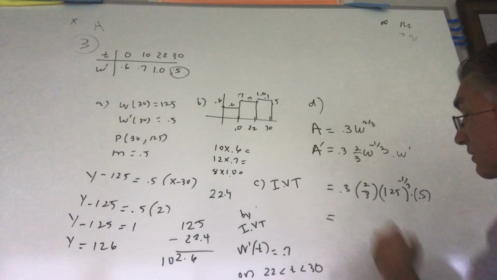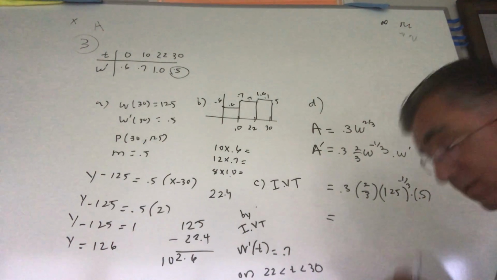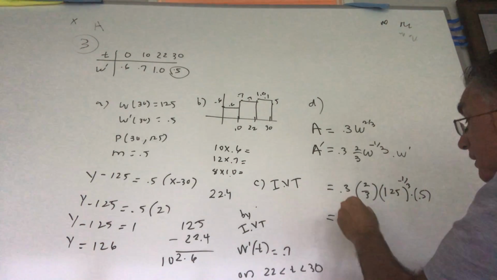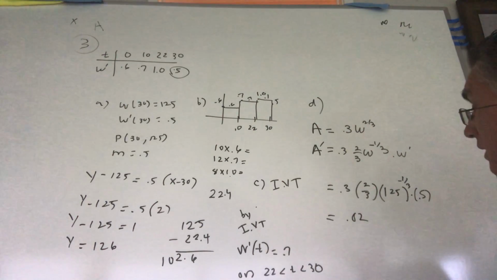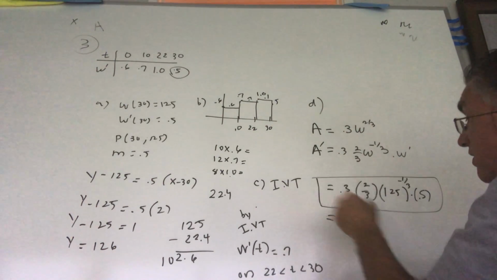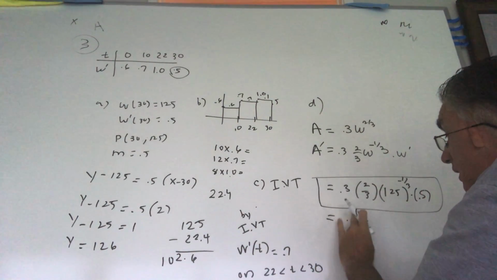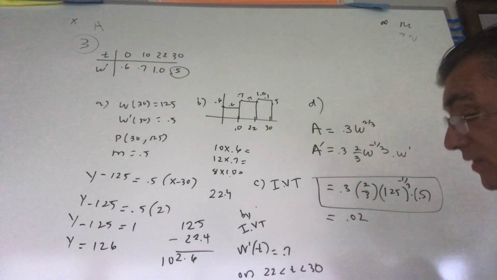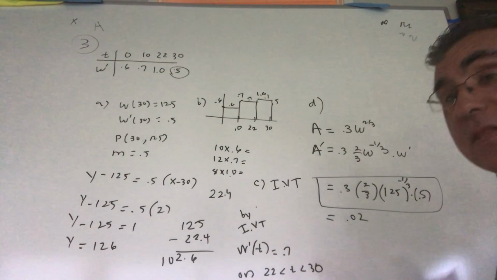Don't do the calculation. Leave it like that, I'm telling you. That goes against any common sense, but the exam will accept that answer, and you can only screw it up. You can't get any more points by doing the calculation, so you're actually better off leaving it like that. Okay, that's number 3.